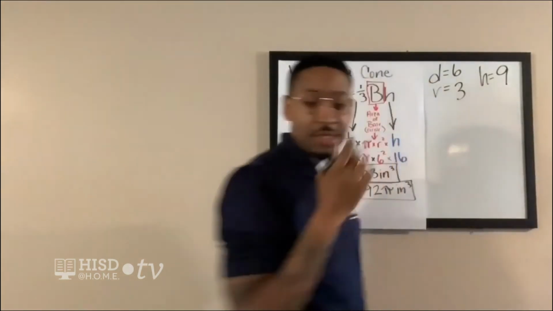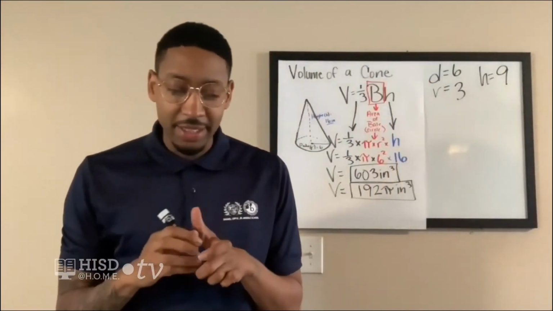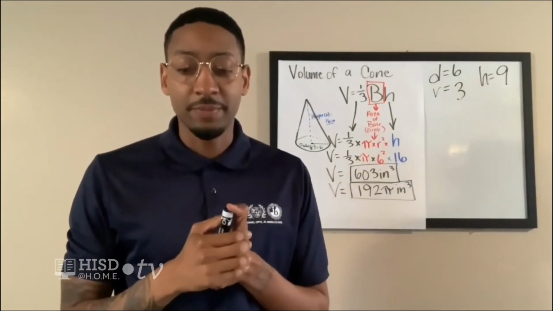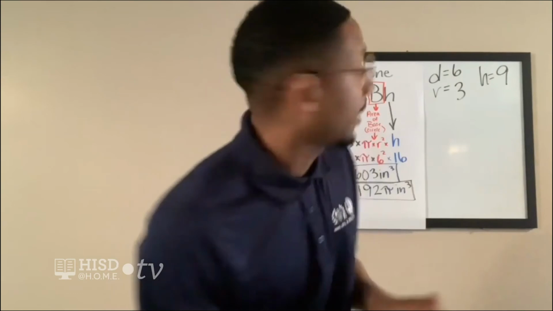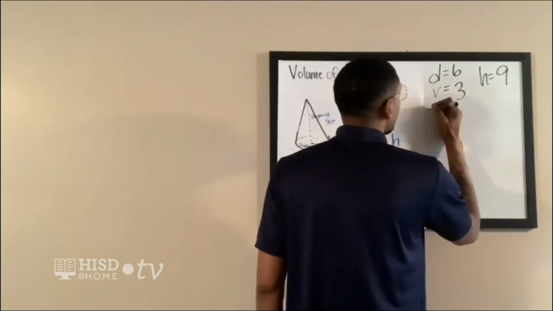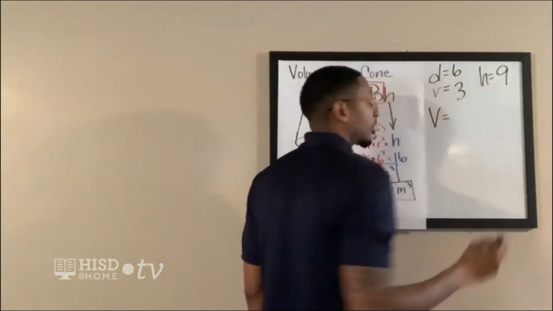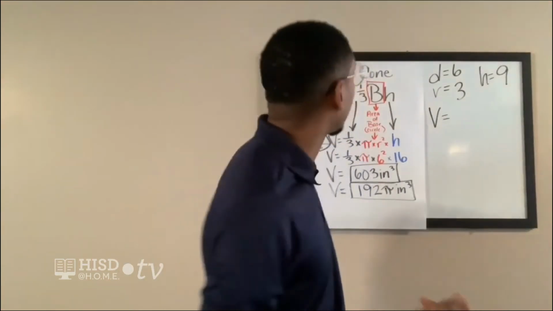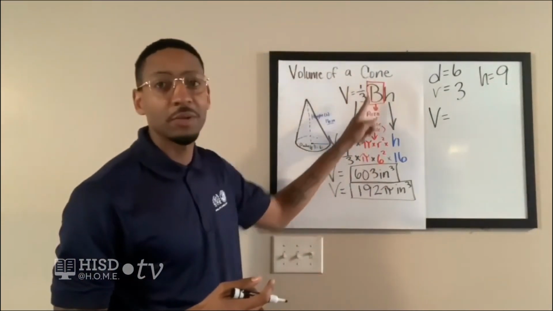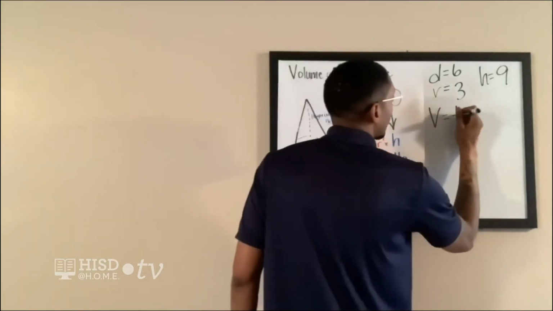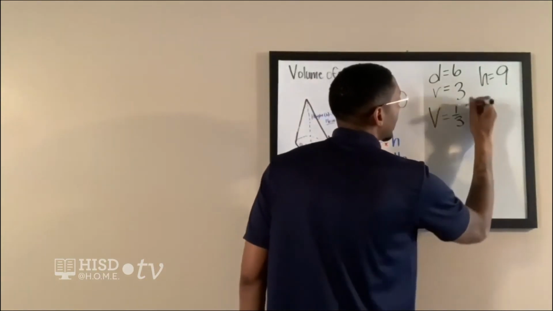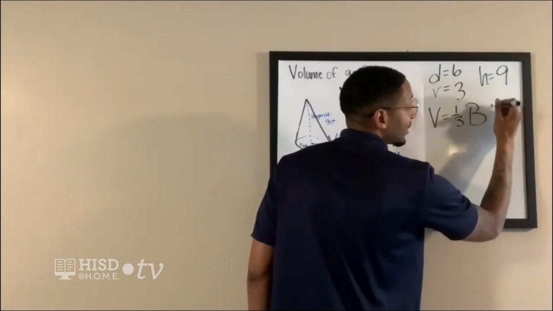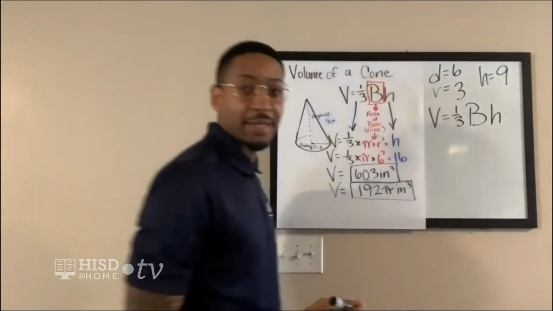Okay. So now that we got that nipped in the bud, what are we doing here? Formula chart, exactly. So when you look on your formula chart, hopefully you have one at home, we know that the formula for volume of a cone is 1/3 times area of the base times the height.